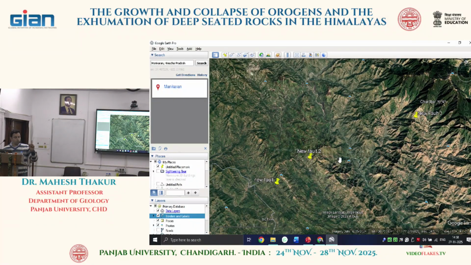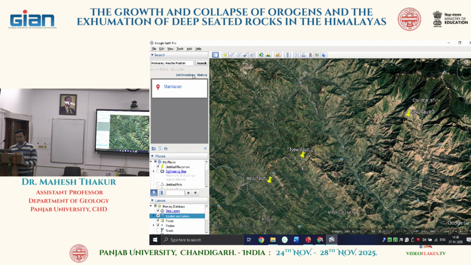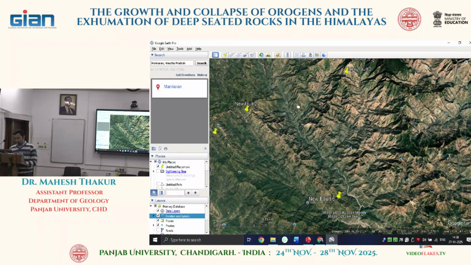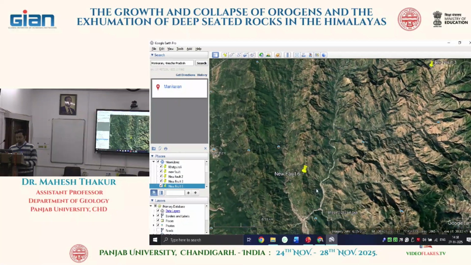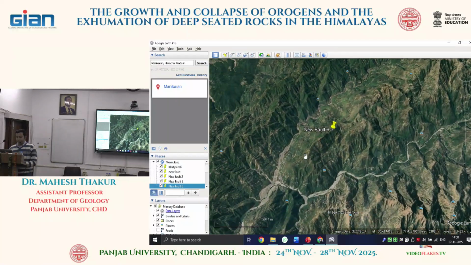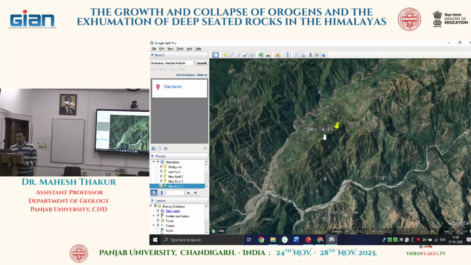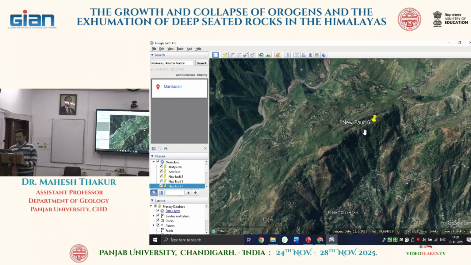There is one more geomorphic feature which is present on top of a mountain. It will look like a hanging thing, but it is not. So if we go into, when I first started working, this is basically Renuka Lake. I marked it as a fault.